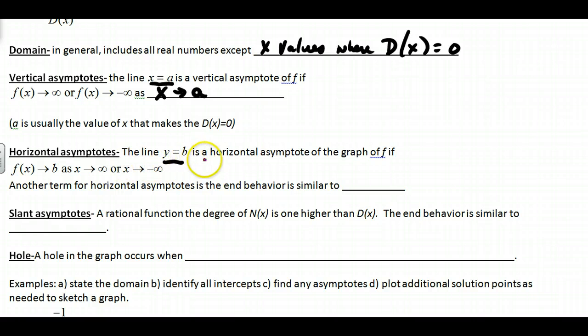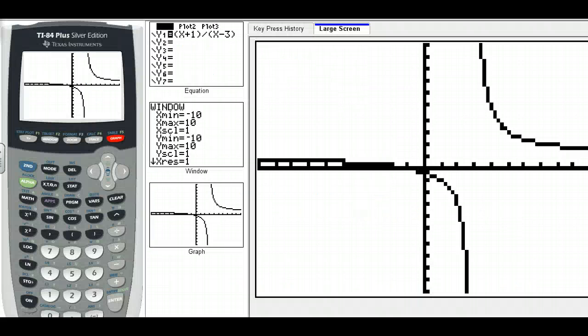Okay? So the line y equal to b is a horizontal asymptote of the graph of f if f of x approaches b as x approaches infinity or negative infinity. Another term for this is the end behavior is similar to y equal to b. And we can look at that on our calculator.